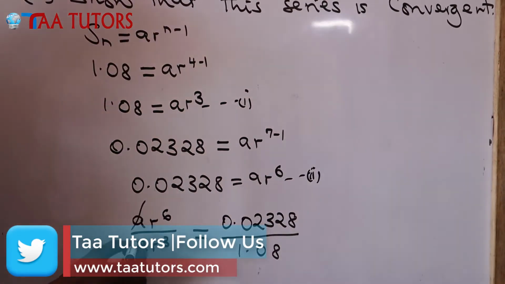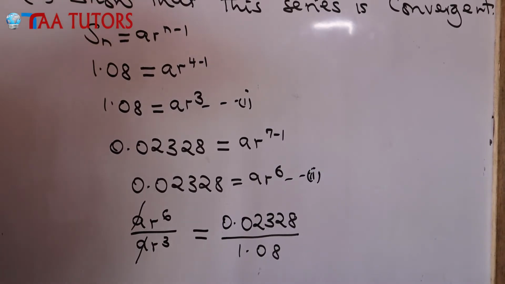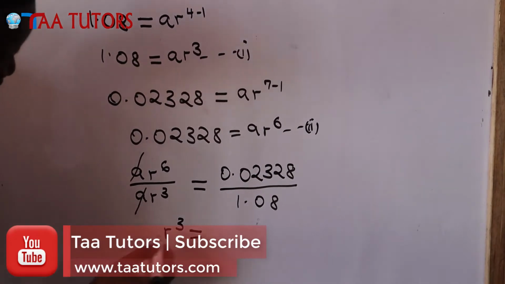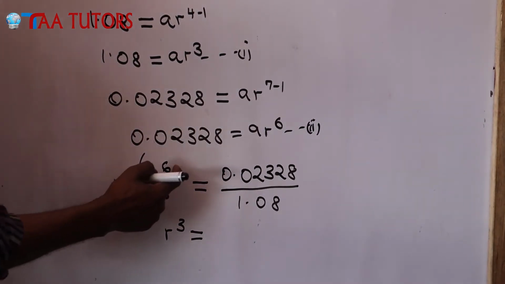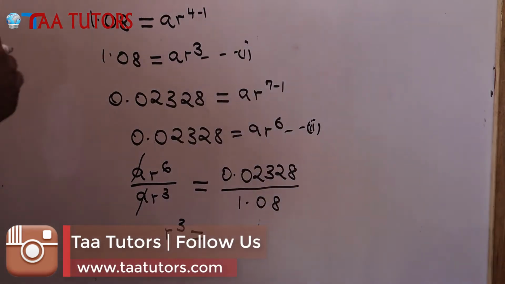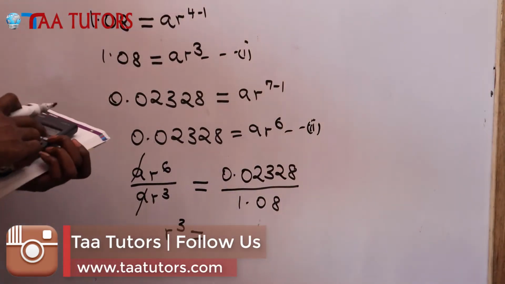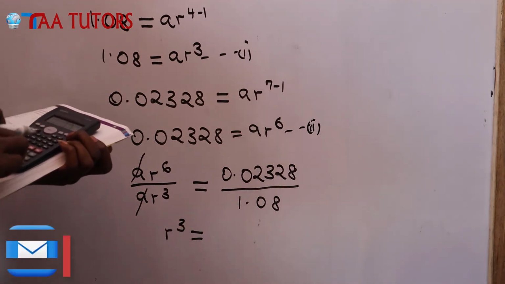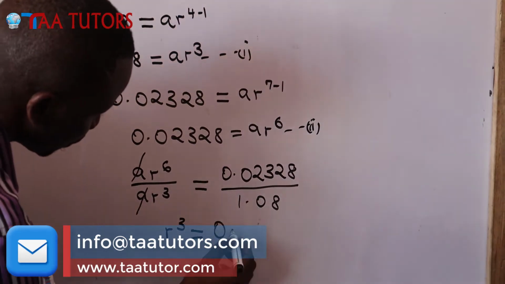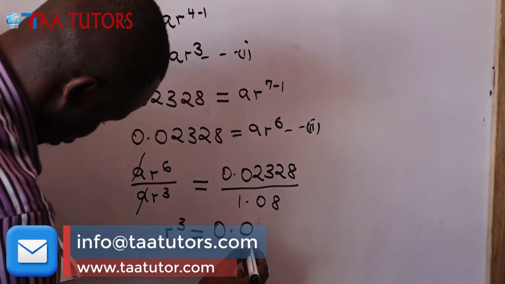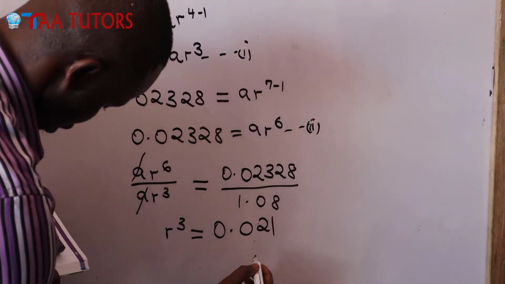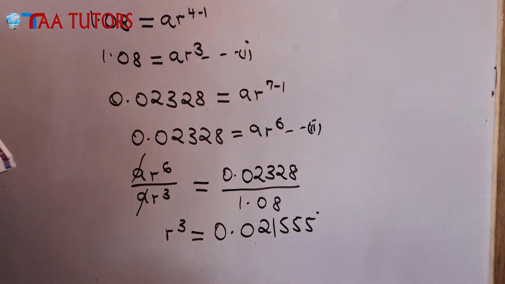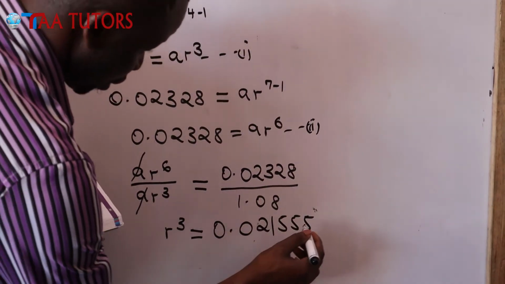From here, A and A will go, and then r to the power 6 over r cubed, I'll get r cubed. If I divide that, I'll get 0.0215555 recurring. We just have 5 six times.